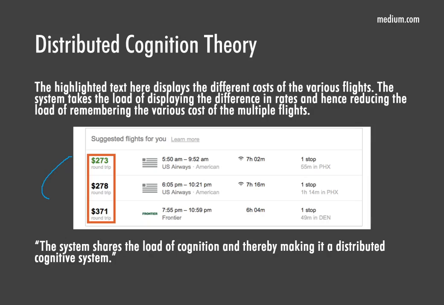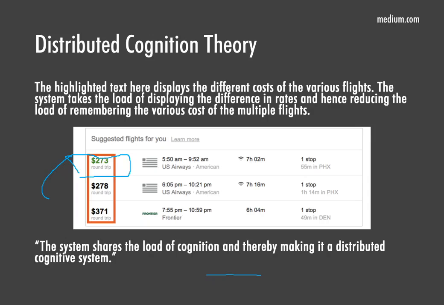It's like the 6th heuristic checklist we did before, the recall rather than recognition. This system is helping users with showing the least pricey flight option highlighted on the top for you to see.